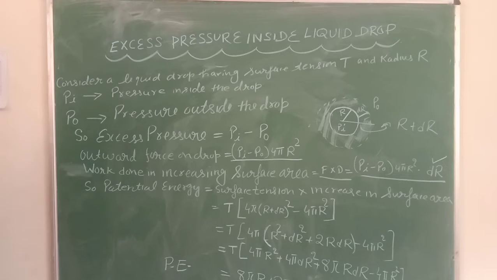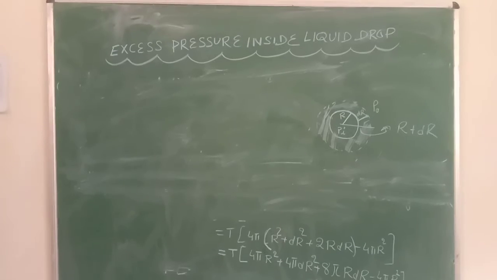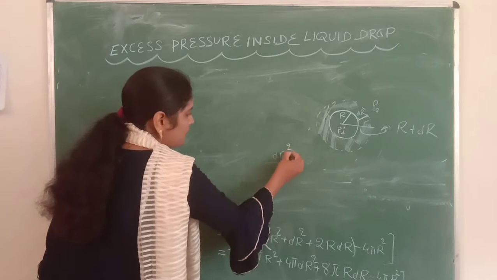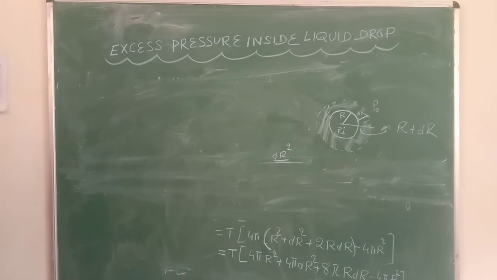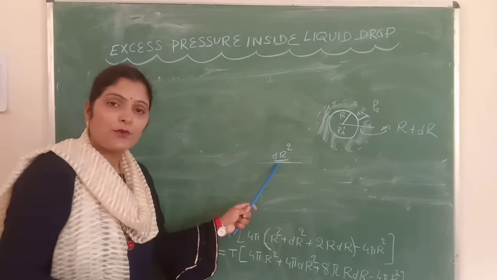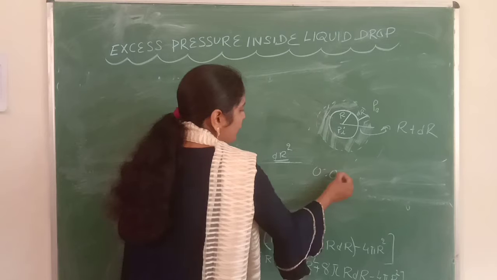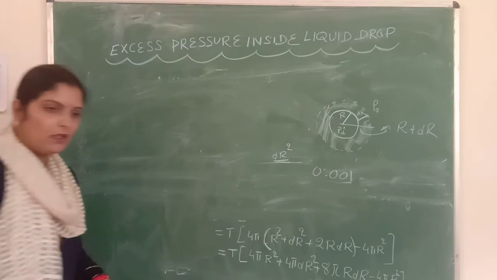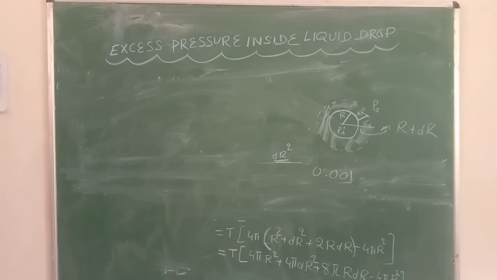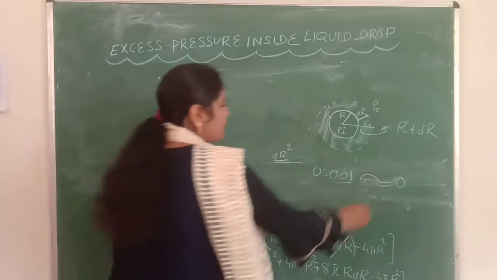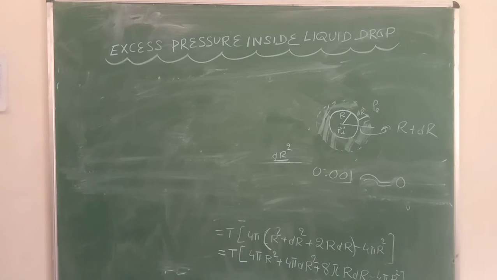Students, here now we will neglect one term, that is 4 pi dr square, because as you know, dr square means the square of a very small quantity. Students, the square of a very small quantity can be neglected. For example, 0.001, if you take the square of this, then obviously it will be very small and we can take it equal to 0.